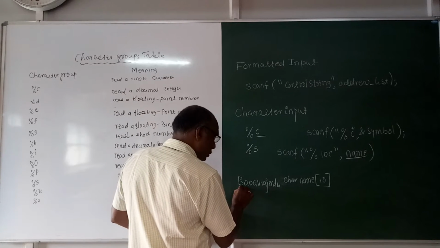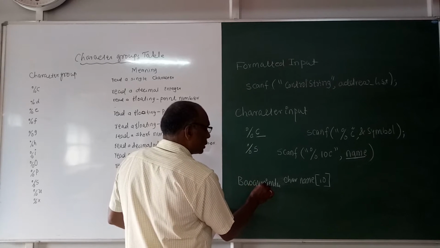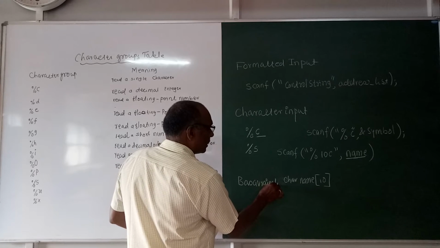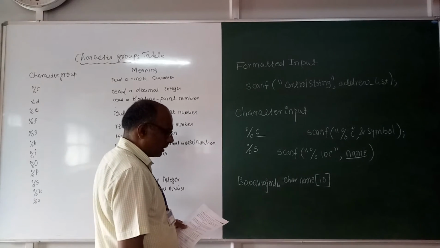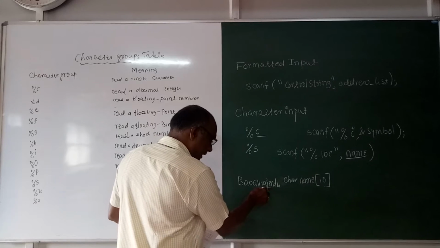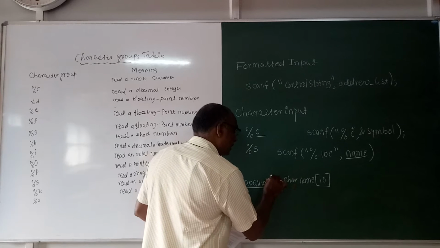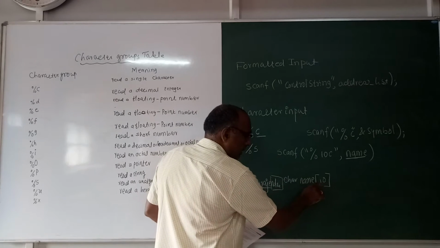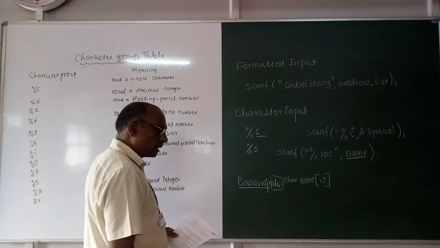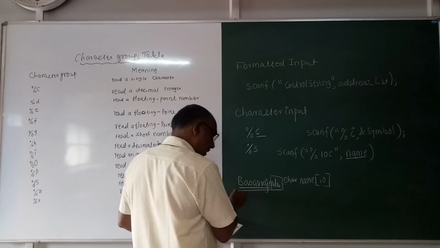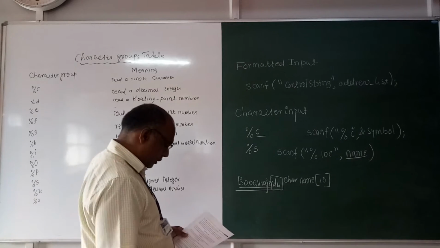So it will store in memory 1, 2, 3, 4, 5, 6, 7, 8, 9, 10, up to this. So the first 10 characters will be stored and the remaining will be ignored by the machine because you have declared only the size of the array. Here it is 10. Suppose it is 20 or say 15, this would have been included here. Sometimes you can declare this.